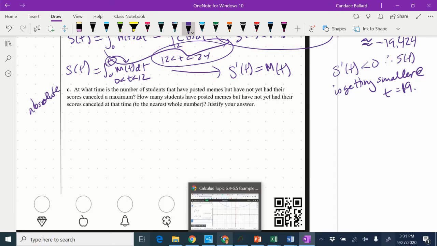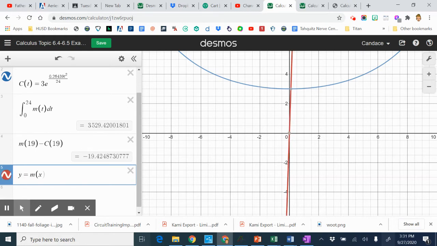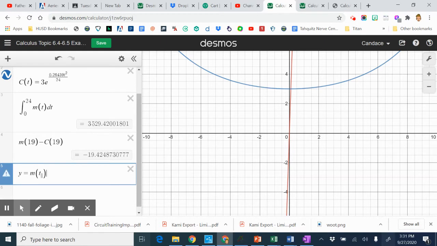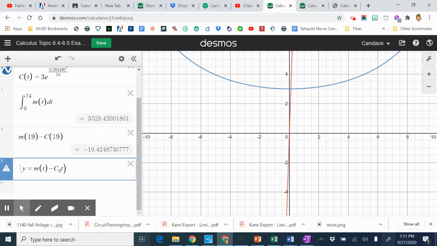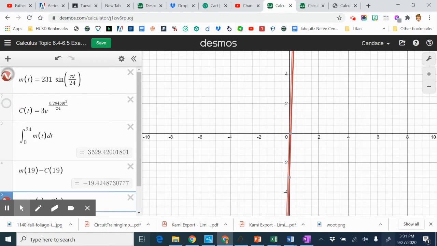Okay, so I'm going to come back here, and I'm going to do y equals m of t minus c of t. And that's going to give me a graph. I'm going to turn off my other graphs so I can see, but I know that I'm not on the right window because I had to go from 0 to 24.